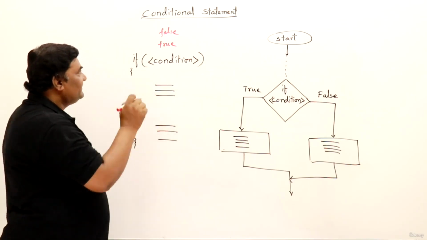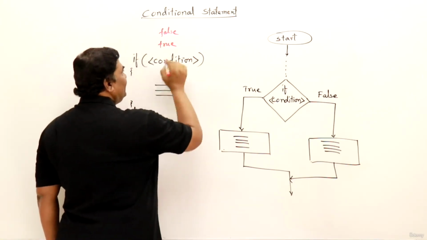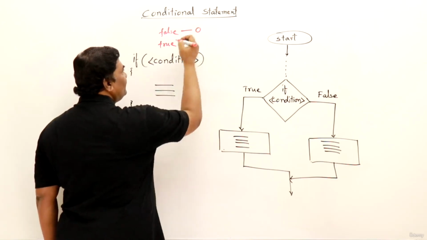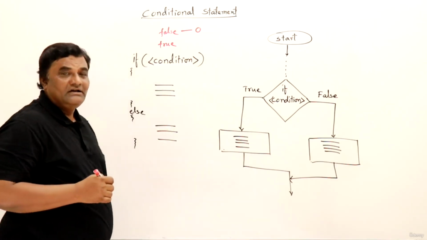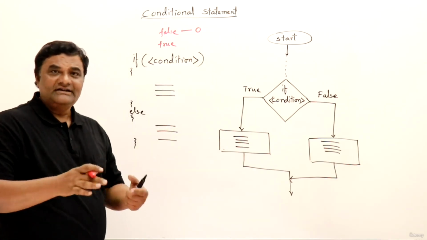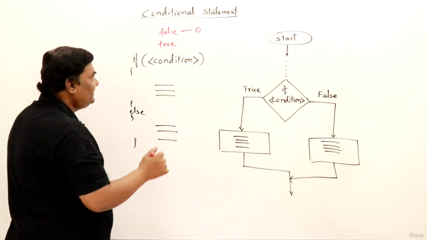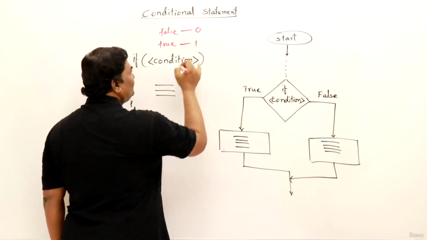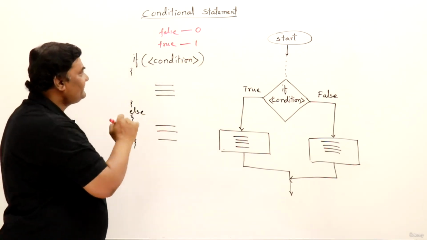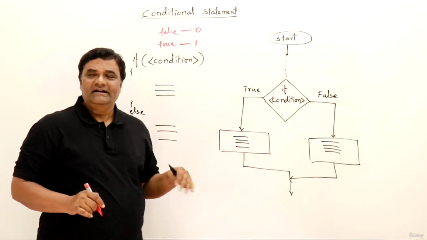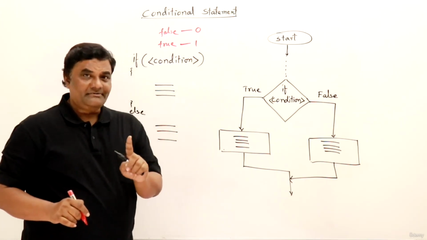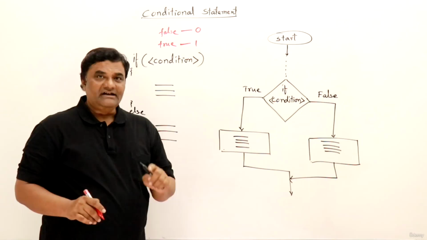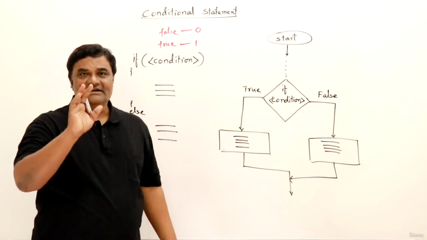In C++ programming, false means 0, and any other value is true. Usually we say that 1 means true, but actually not just 1: any other numeric value of integer type, not floating point, is treated as true.